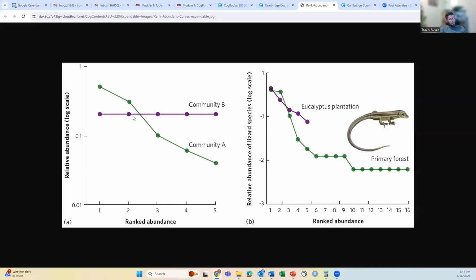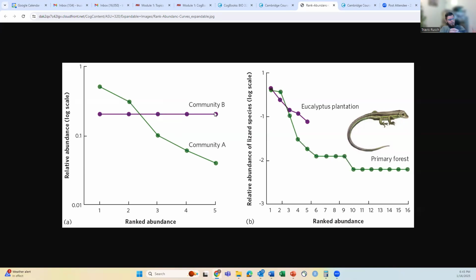If you have a flat line like this, you have a very even environment. If you have a trending line, you have an uneven environment, where relative abundance is high and then lower as you go down here. So you have an uneven community for community A and a relatively even community for community B. But it also tells us species richness.